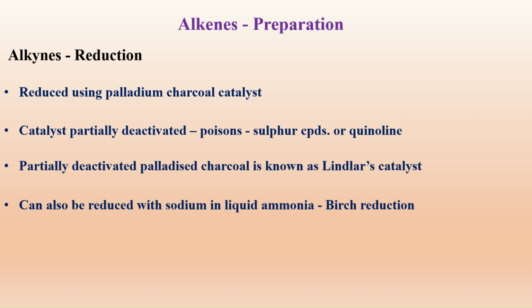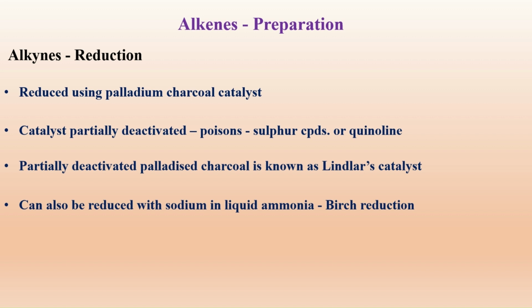We can obtain alkenes by reduction of alkynes by using two different methods. One is Lindlar's catalyst, another is Birch reduction. In Lindlar's catalyst, we use partially deactivated palladium on charcoal as a catalyst. In case of Birch reduction, we use sodium as the reducing agent.